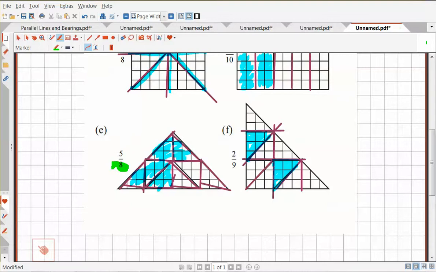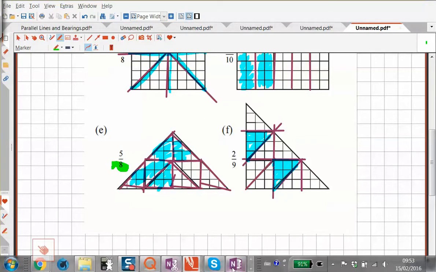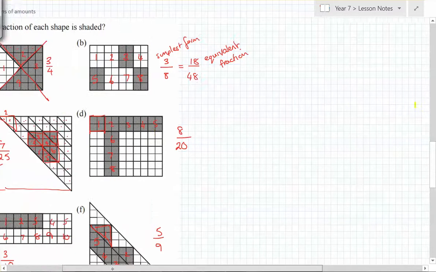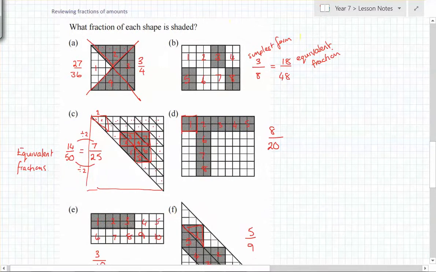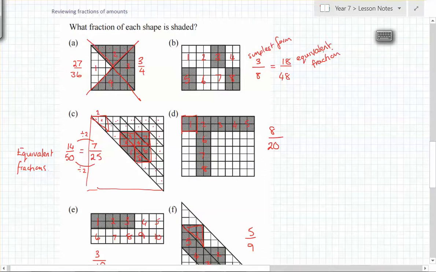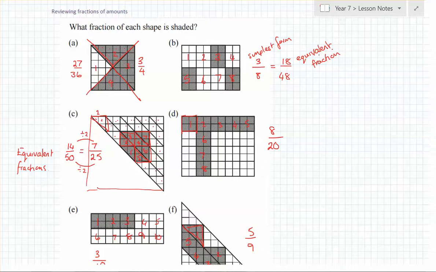Right, now I just want to go back to what we were working on. Remember we were talking about equivalent fractions. You can split one thing up, like our grid here, into big pieces or smaller pieces, and keep the same amount.